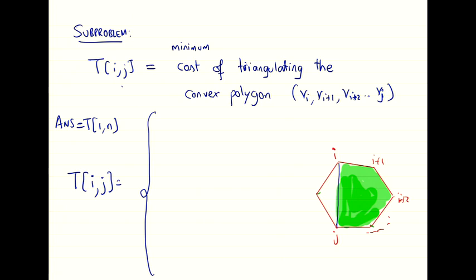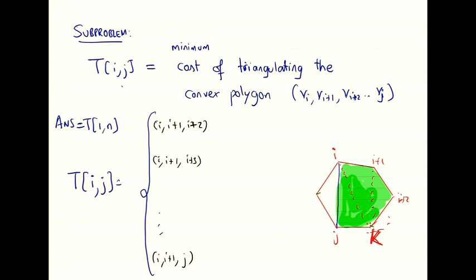So let's say it forms a triangle with a vertex k here. This vertex k could be i plus 2, for instance, or i plus 1, i plus 3 could be a triangle, and all the way till i plus 1, j could be a triangle. One of these possibilities.